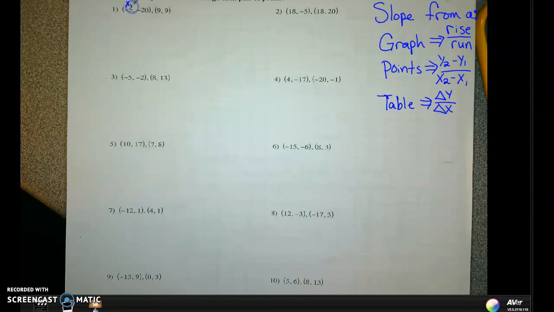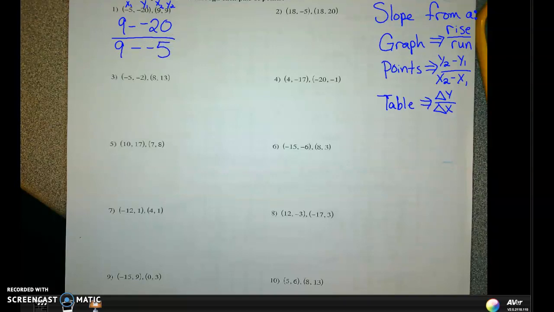We have x1, y1, x2, y2. So y2 is 9 minus y1, which is negative 20, divided by x2, which is 9, minus x1, which is negative 5.